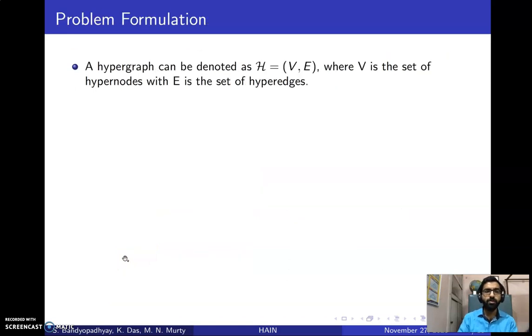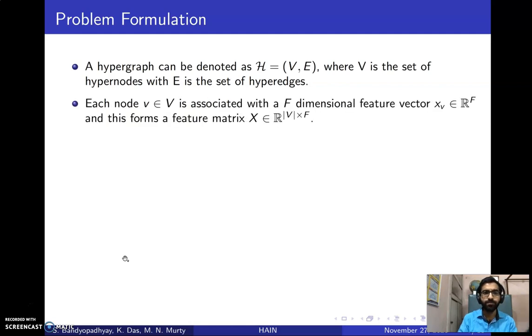Here we define our problem statement and introduce necessary notations. So a hypergraph can be denoted as G = (V, E), where V is the set of hypernodes and E is the set of hyperedges.